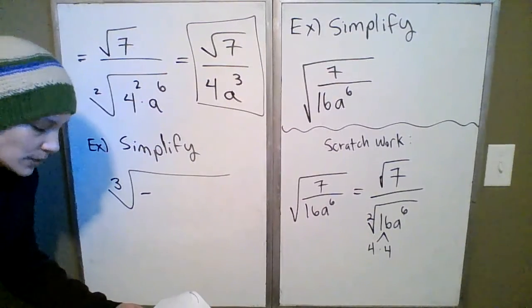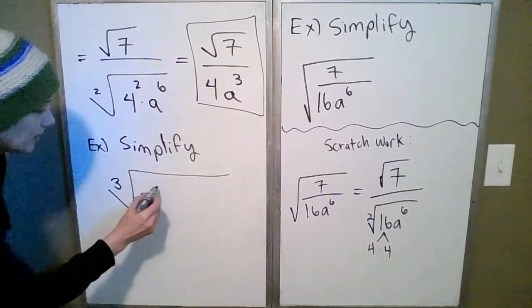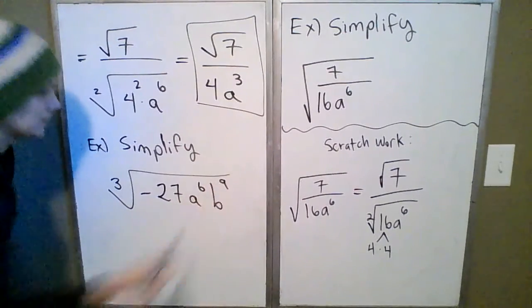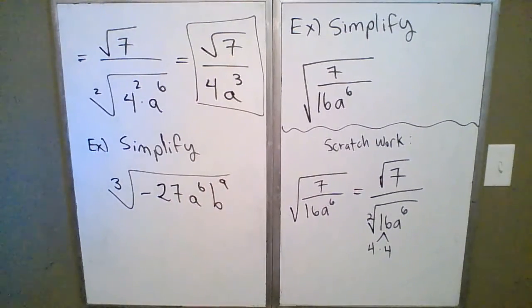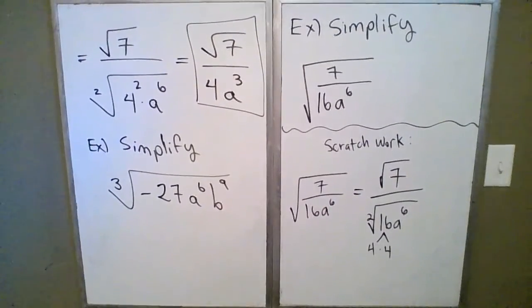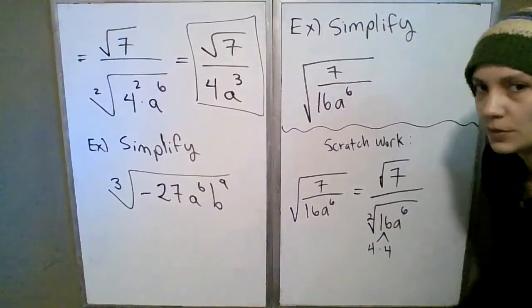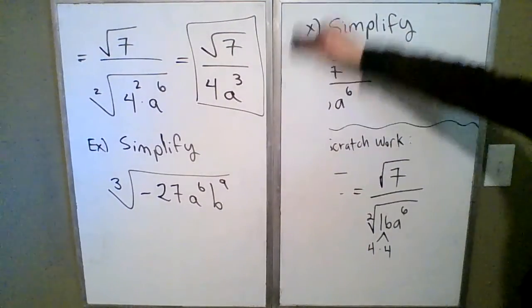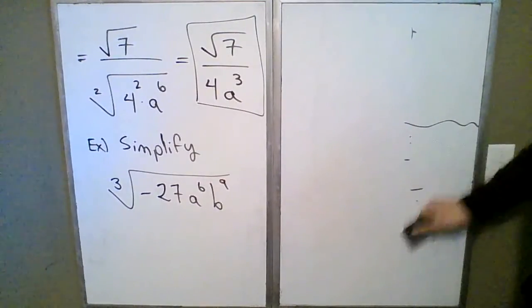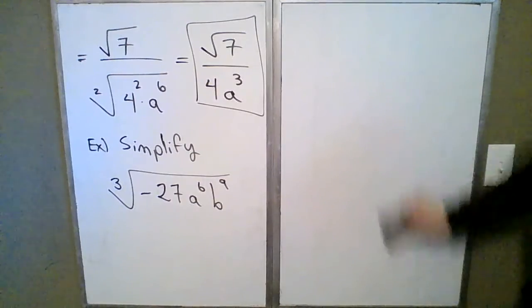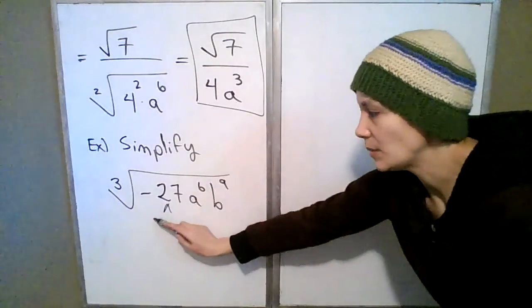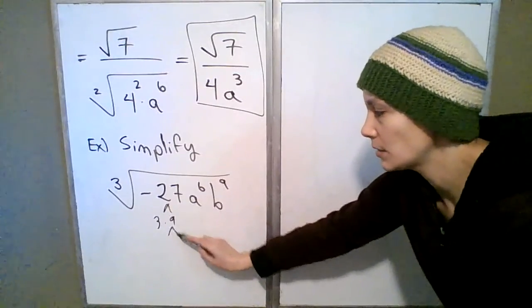No. Okay, it's negative 27, a to the 6th, b to the 9th. We've practiced factoring 27 a few times, but that's okay. We can keep doing it. So 27 is 3 times 9. 9 is 3 times 3.